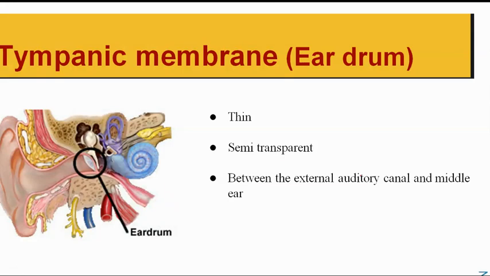The last part of the external ear is the tympanic membrane or eardrum. This is a very thin structure and it is semi-transparent, and it is present between the external auditory canal and the middle ear. So in this diagram, you can notice the presence of this eardrum.